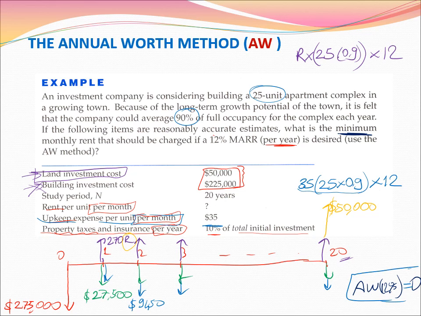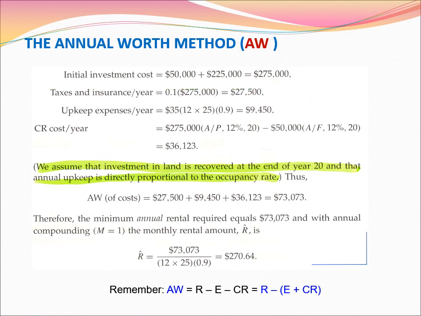The remaining part, the rest, is just using the factor tables to find the annual worth. And how do we do it? Okay, the annual worth will be this taxes and insurance plus upkeep expenses plus the capital recovery, which is this much, okay?